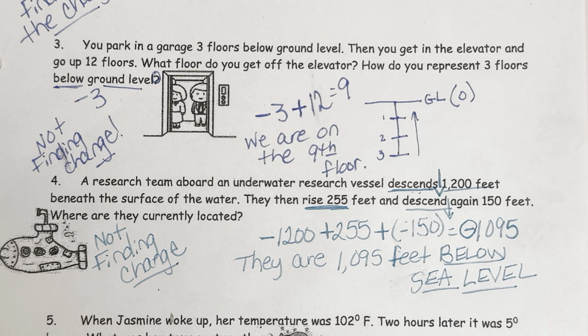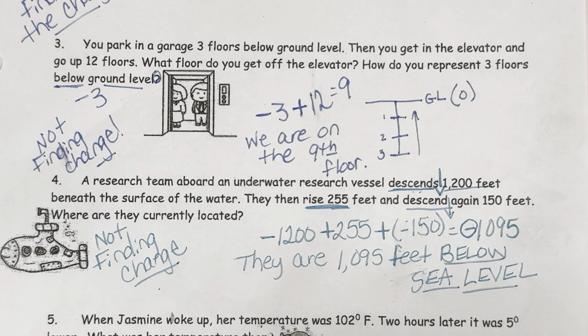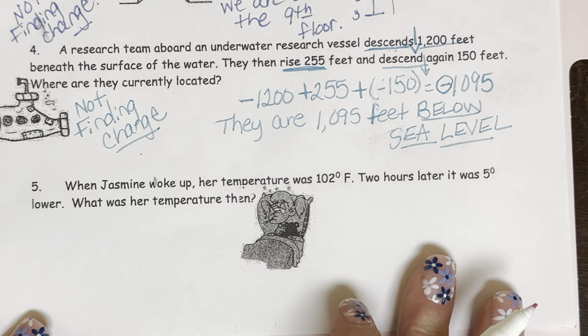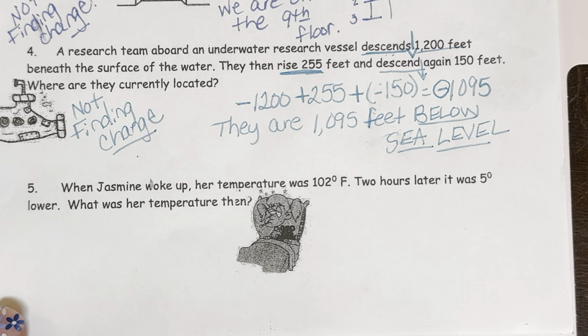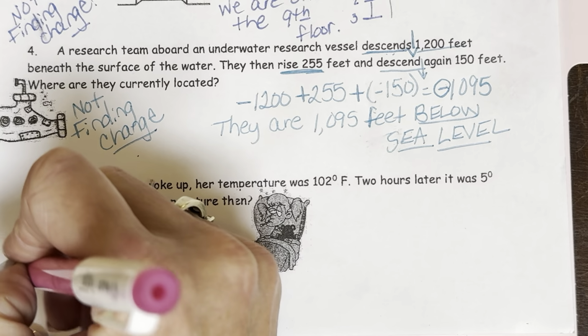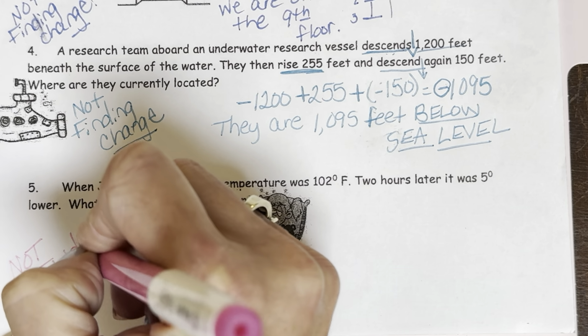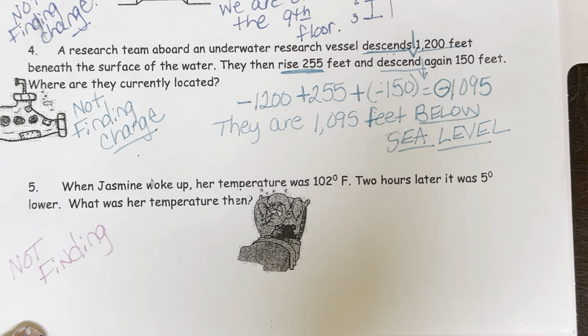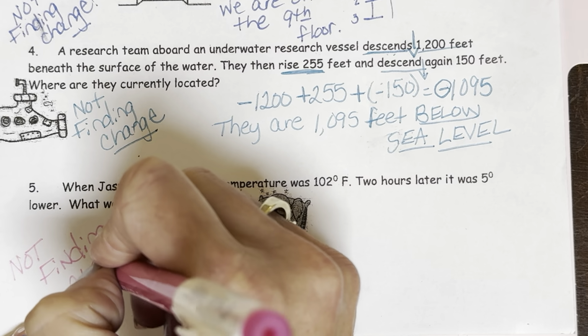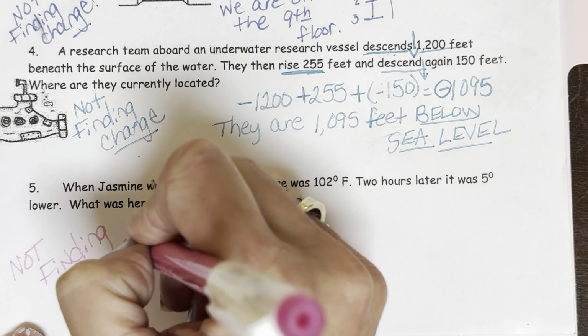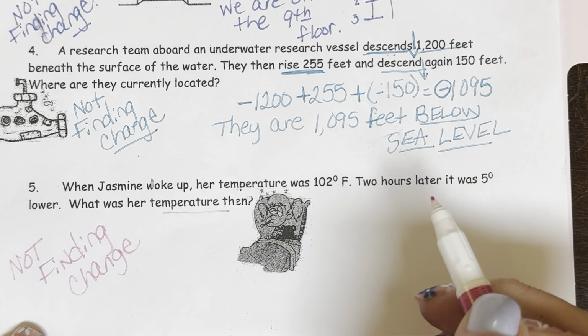All right, one more. When Jasmine woke up, her temperature was 102. 2 hours later, it was 5 degrees lower. What was her temperature now? And once again, we're not finding change. We're not having to find the distance from one thing to the next. We want to know what was the temperature.